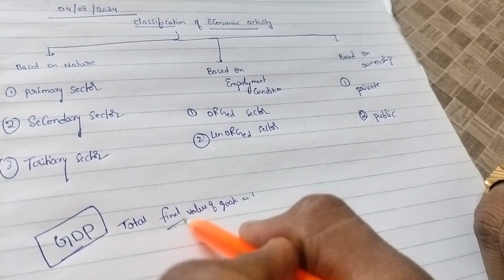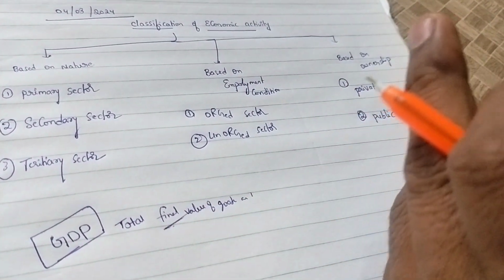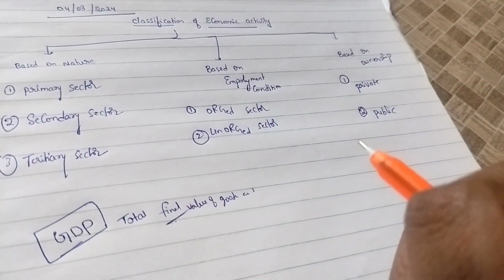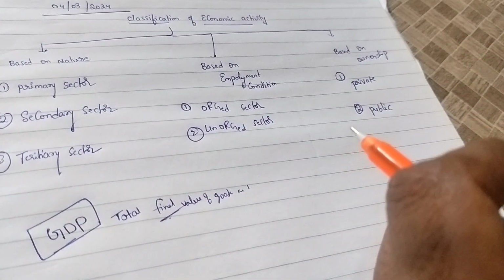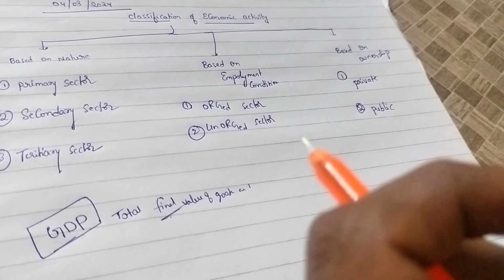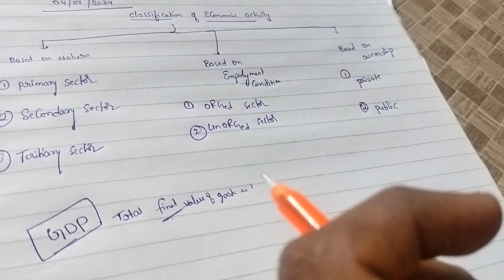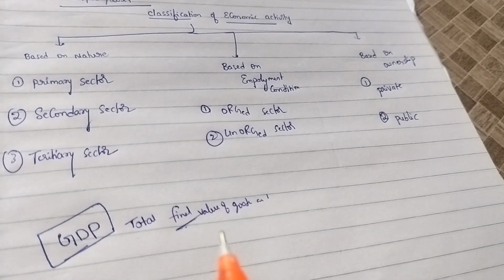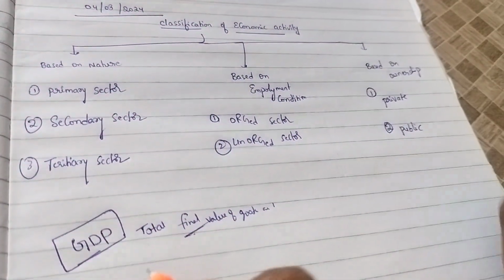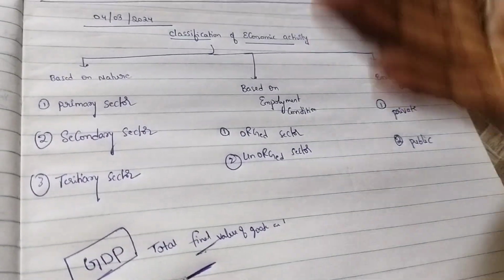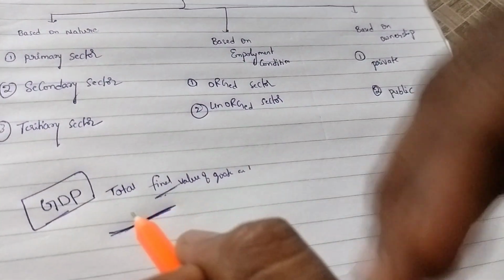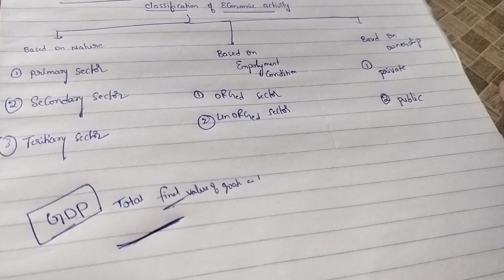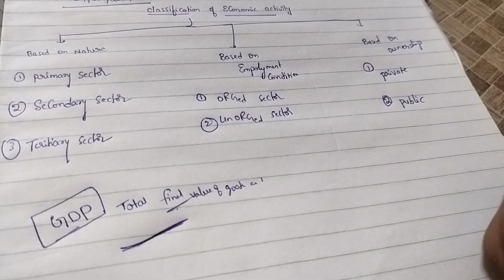Why do we say the final value of goods? If you take intermediary goods, meaning a primary product, it will be used in some other place in the actual product. Suppose you take steel metal, it will be used in the car body plate. It will finally be used in a car. The car will be the product, and it will go to the market and be sold by someone.